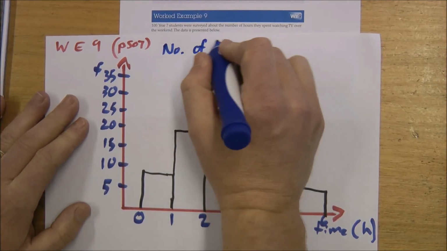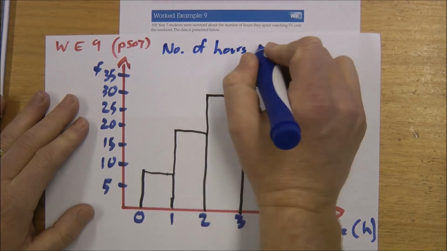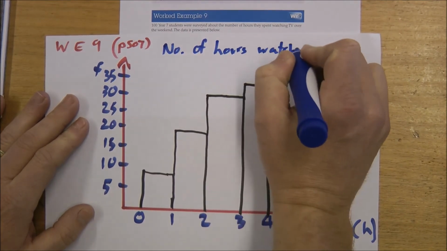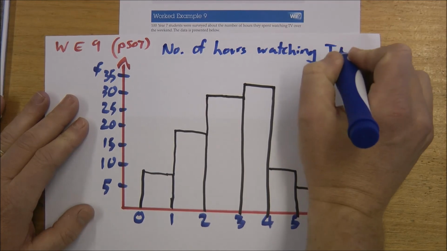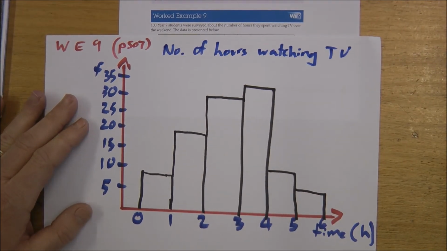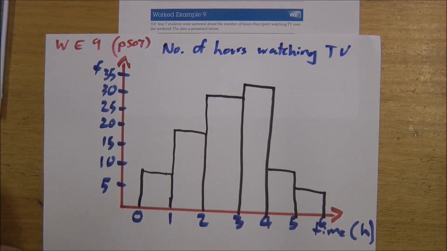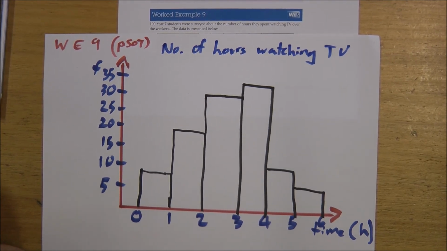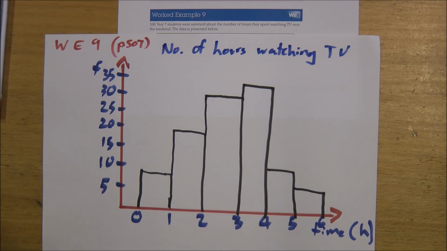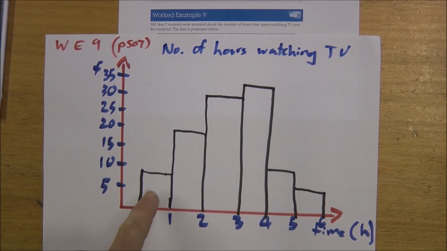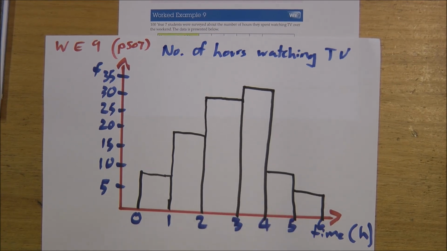Number of hours watching TV. You can make it a little bit more descriptive if you like, talking about number of hours spent by Year 7 students watching TV over the weekend, make it a bit more complete, but just something that describes what we're actually doing. You can see we've got our gap at the start here. These should be evenly sized columns.